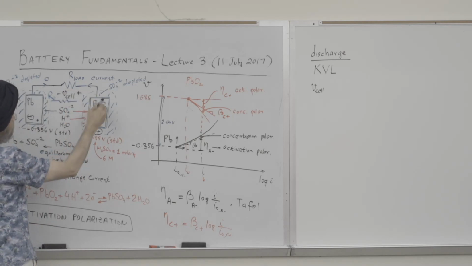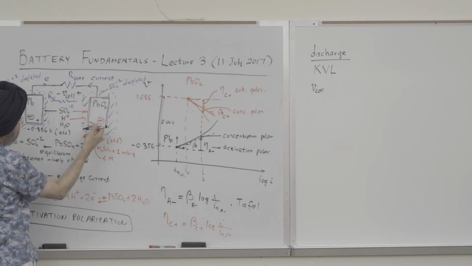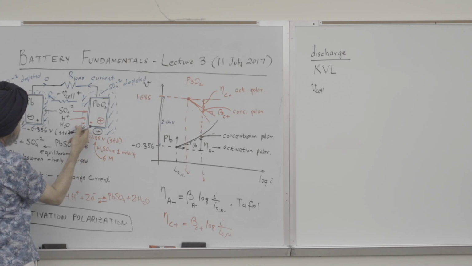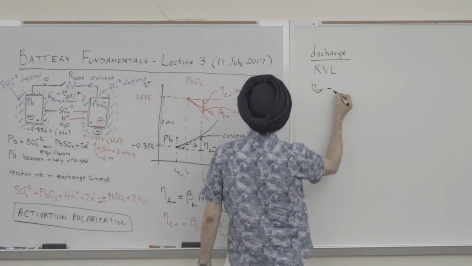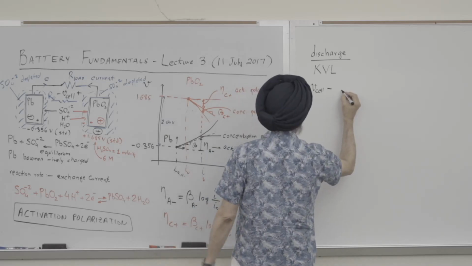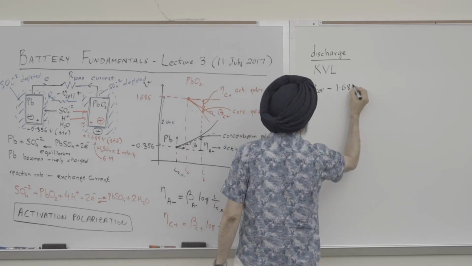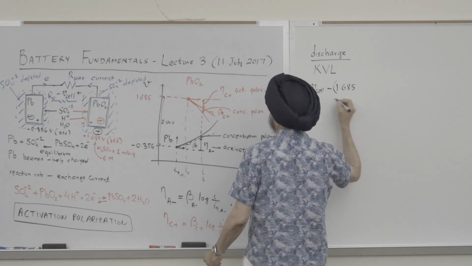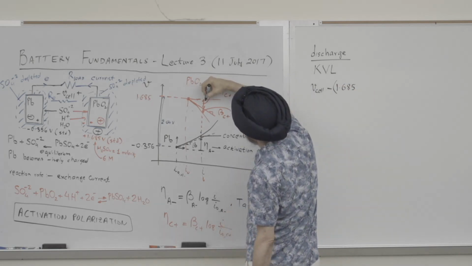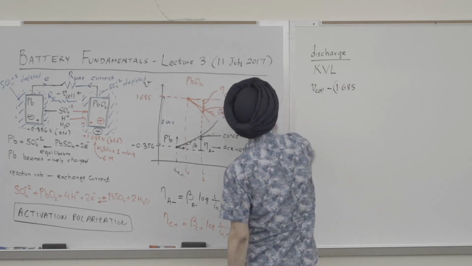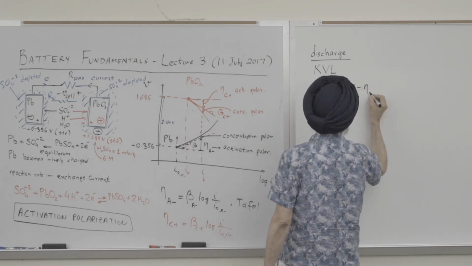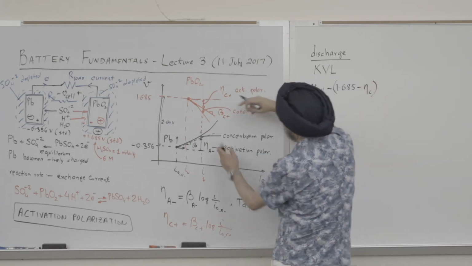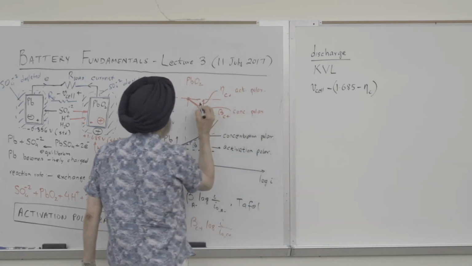So I come this way, and I go from positive to negative. So I'm going down, so I write down minus 1.685, that's this value, and minus this, minus eta C. I'll add up these two and call the whole thing eta C.